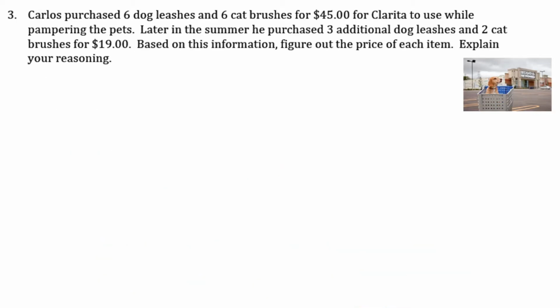Yeah, I'm excited too. Number 3, Carlos purchased 6 dog leashes. Now, do you notice previously we've been using B's and L's and T's and F's? Boy, we're getting a lot of different variables here. Let's clean things up a little bit. Can I do this? 6 dog leashes.